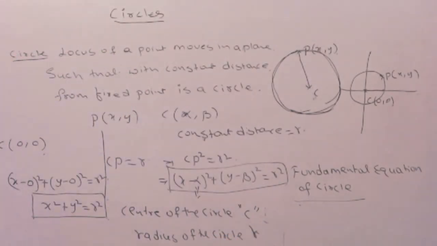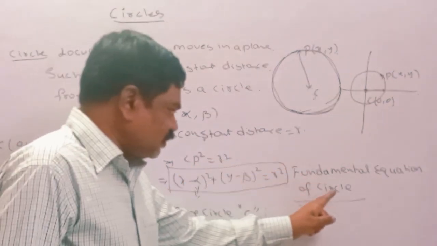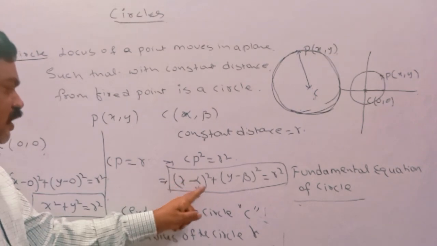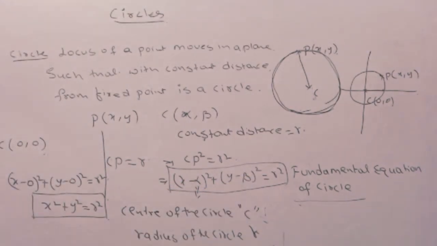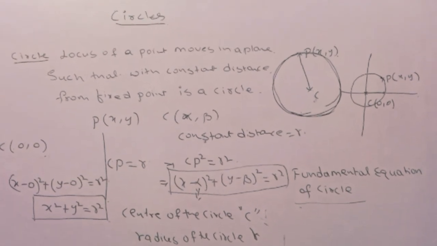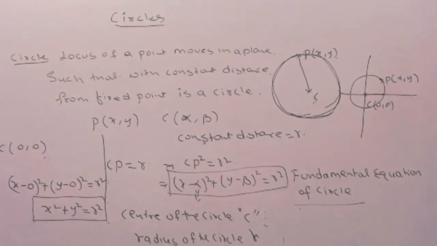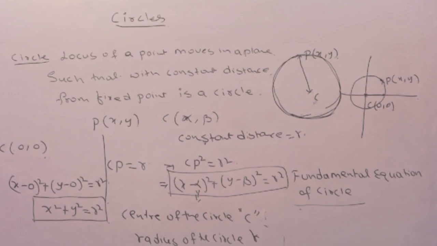These are the features of the circle equation. So what is the fundamental equation of circle? (x minus alpha) whole square plus (y minus beta) whole square is equal to r square, the fundamental equation of the circle with center (alpha, beta) and radius r.